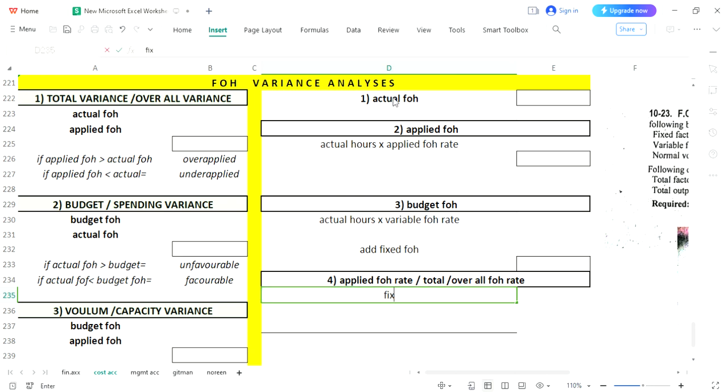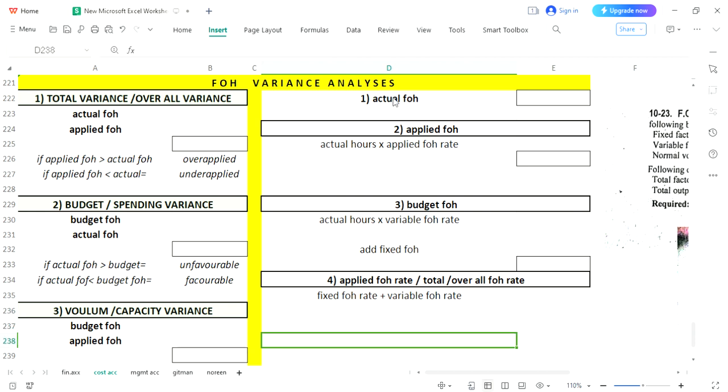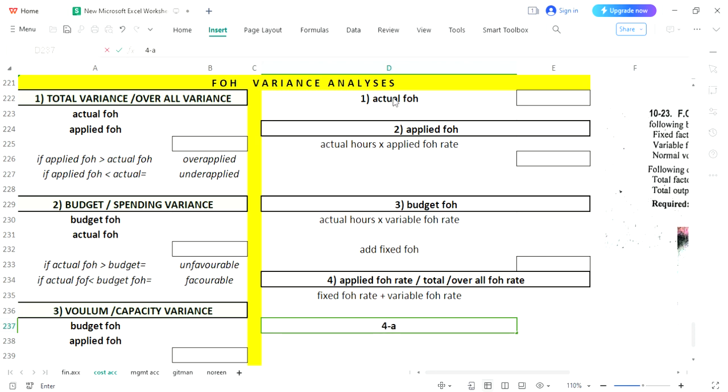First you will calculate your fixed FH rate and then you will add variable FH rate. Obviously to calculate both you will have to apply a formula, and this would be your 4a part where you will calculate your fixed FH rate by dividing fixed FH by estimated hours.